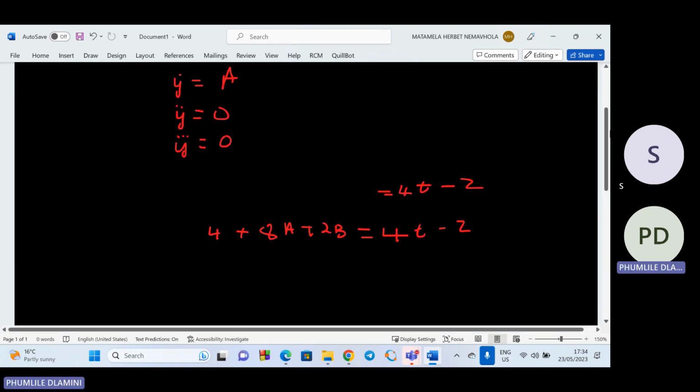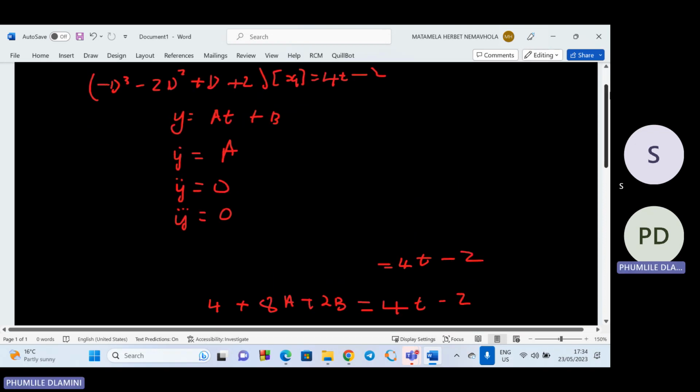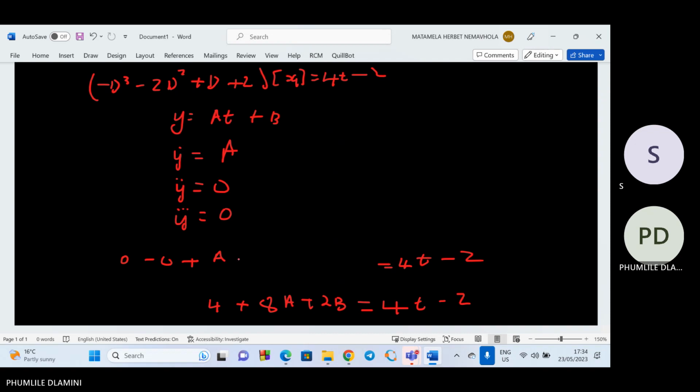So if we check here in our equation, we're going to have 0 minus 0 plus, for the first one this is going to be a plus 2 in brackets 2 is going to be 2at plus 4 plus b.